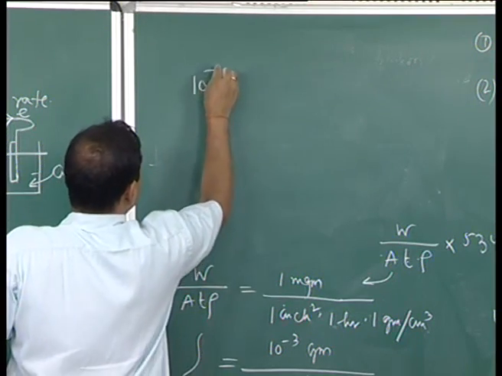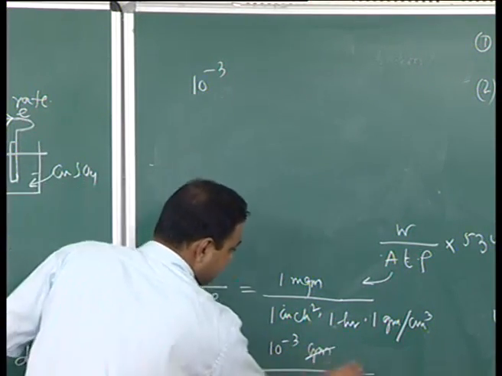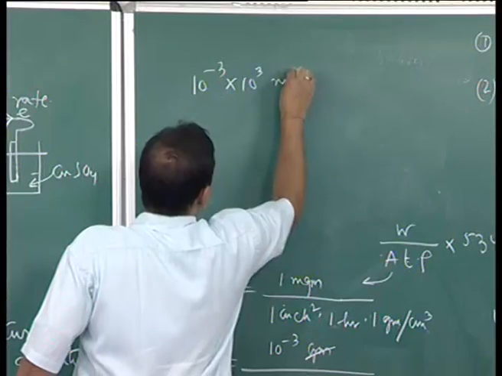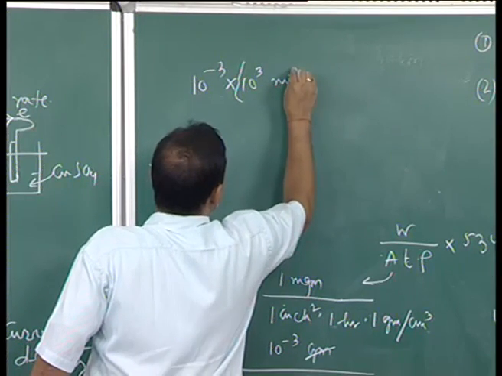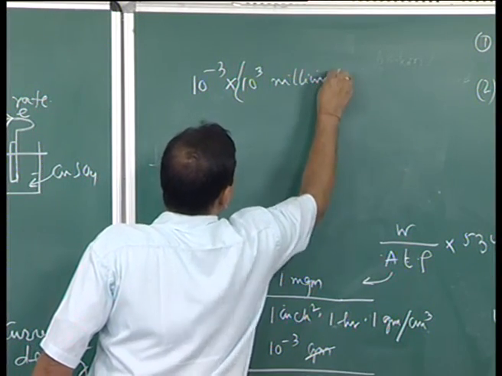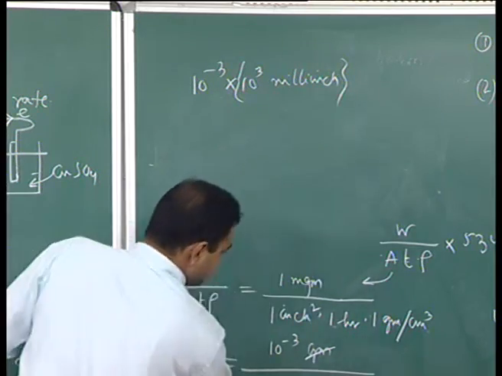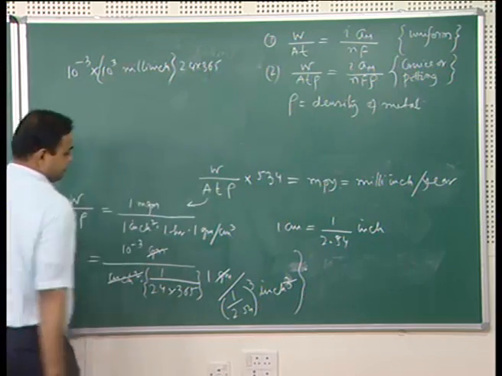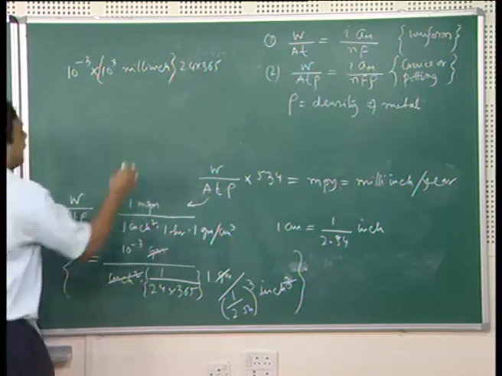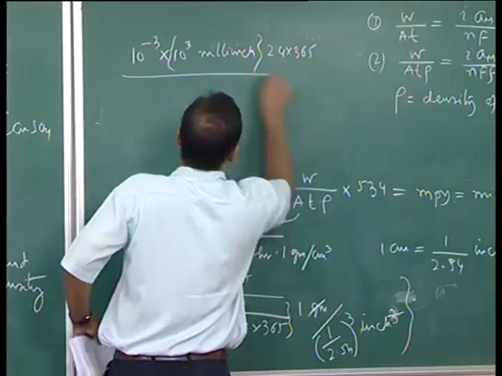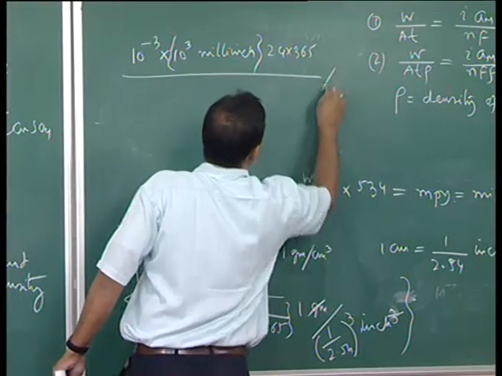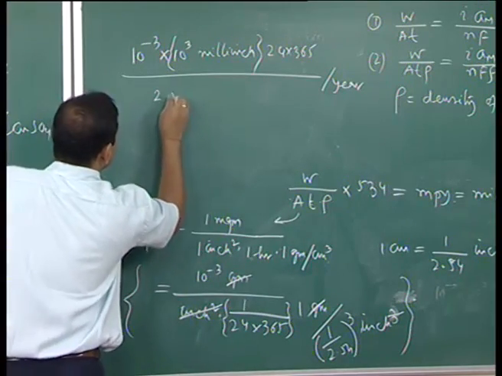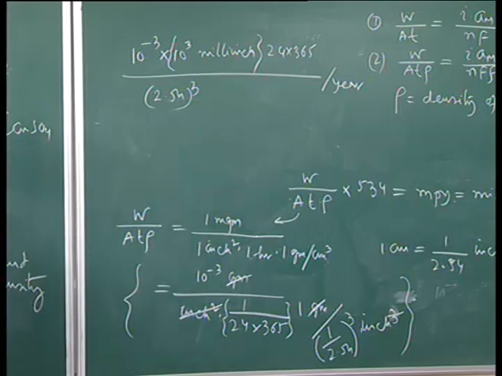So, 10 to the power minus 3 gram is getting cancelled here, into 10 to the power 3 milli-inch, into this part will go above. So, 24 into 365. This is per year, and this should be divided by 2.54 cube.